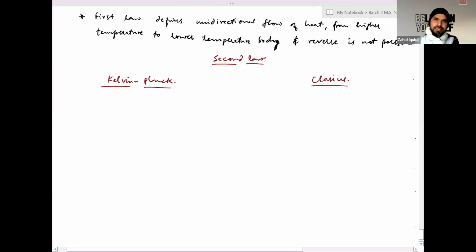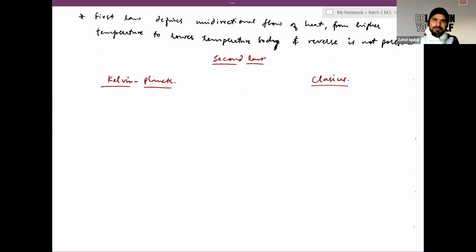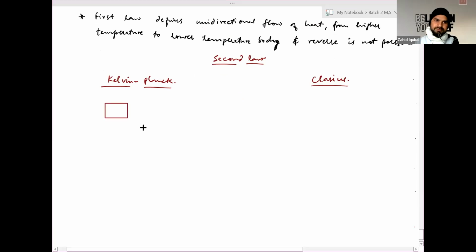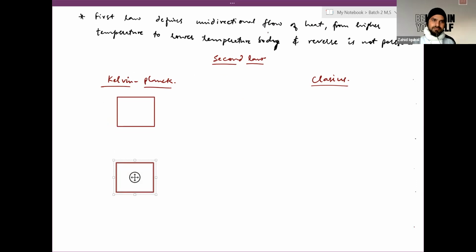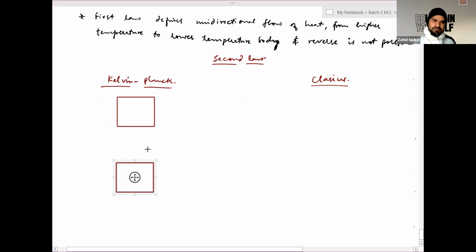In the first part, Kelvin-Planck statement states, suppose we have a source and this is the working tool.